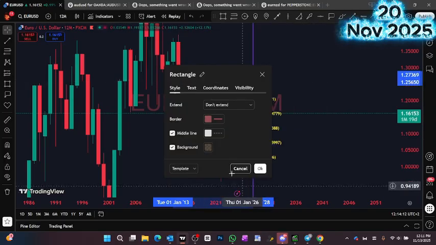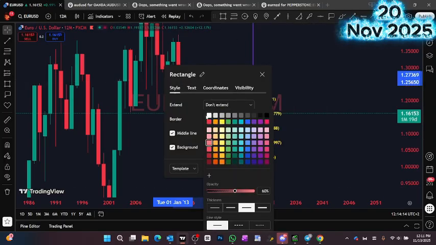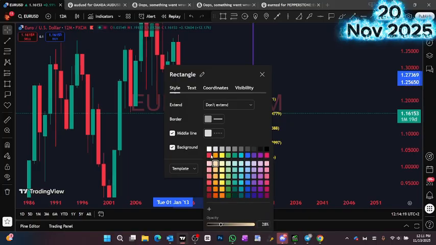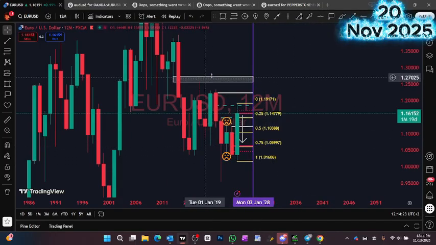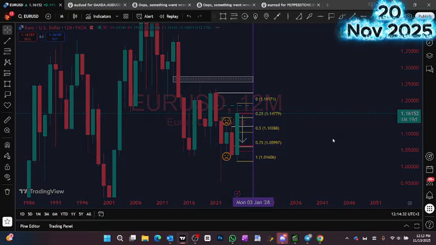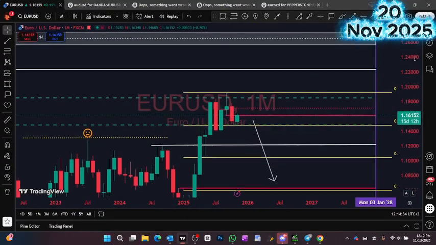It's bullish. Then we go down to where we are in the monthly.